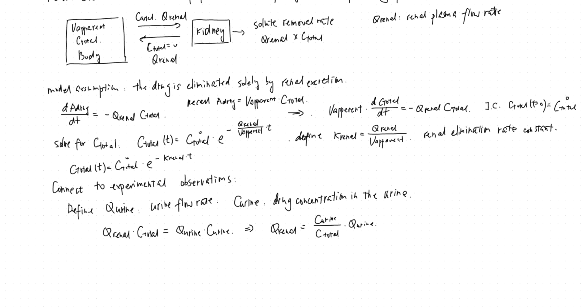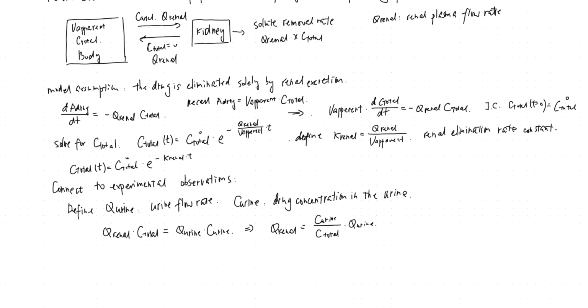And they can also estimate the urine flow rate Q urine based on the amount of urination versus time. So these are measurable or can be estimated from experiment.